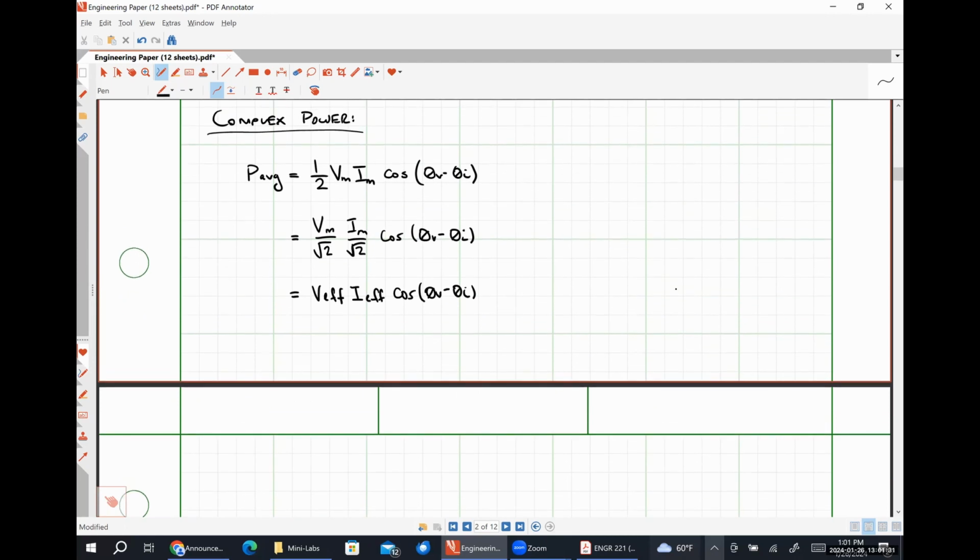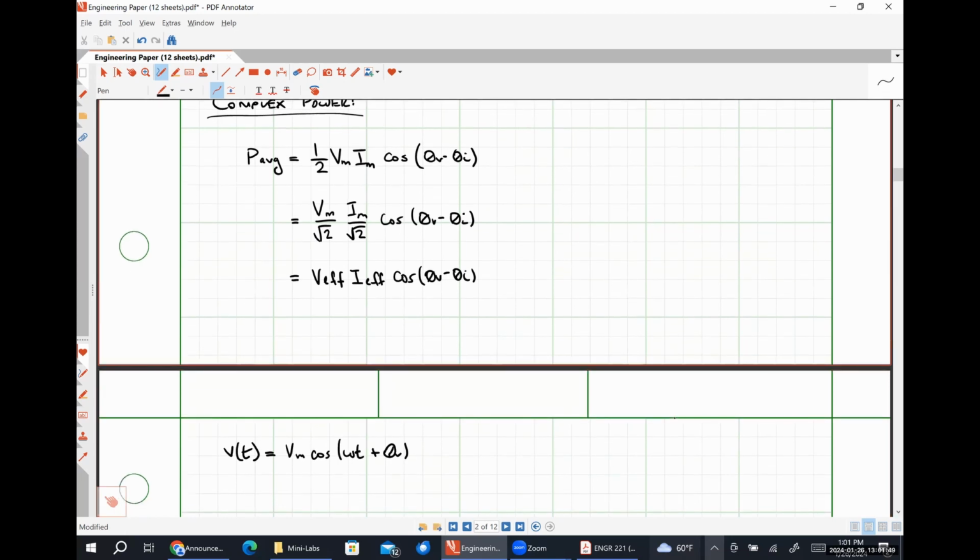So a time domain voltage is a signal of the form Vm cosine omega t plus theta V. That's what we've been using for our time domain representation.